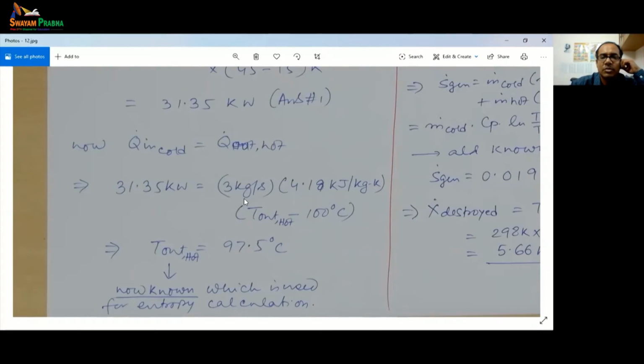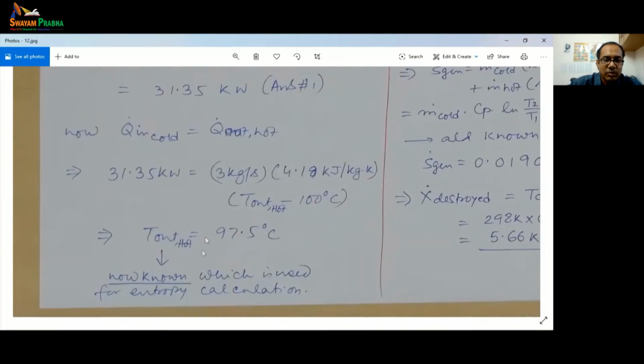But now we know the Q dot hot out, and that will again be m Cp and delta T. So m is 3 kg per second, Cp is 4.18 kilojoule per kg Kelvin, and the difference in temperature is T out minus 100 degrees centigrade. T out we don't know, everything else we know in this equation. So we can find the T out of the hot stream to be 97.5 degrees centigrade.